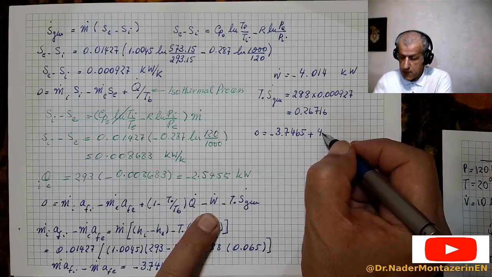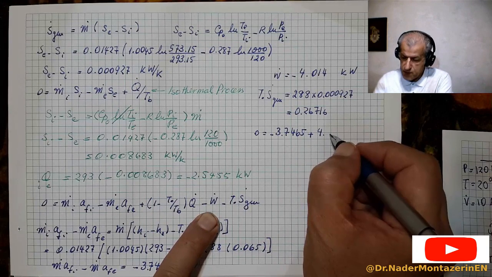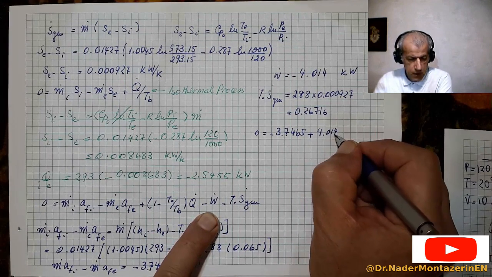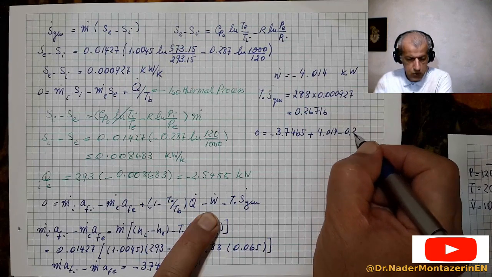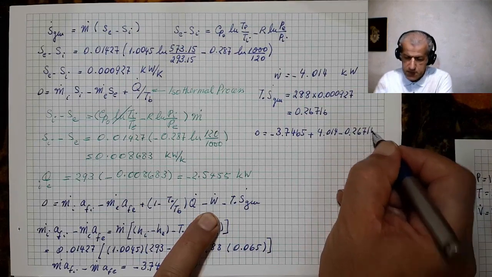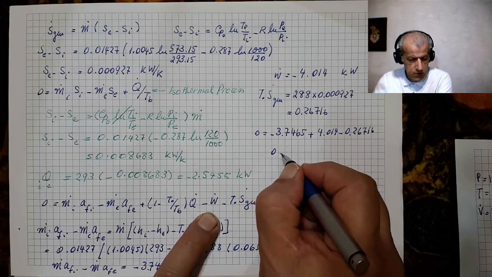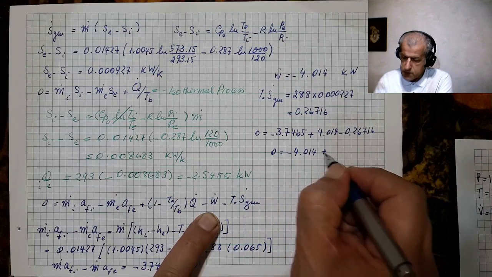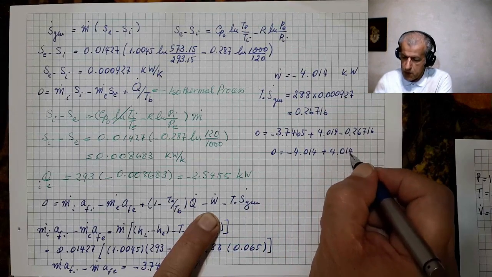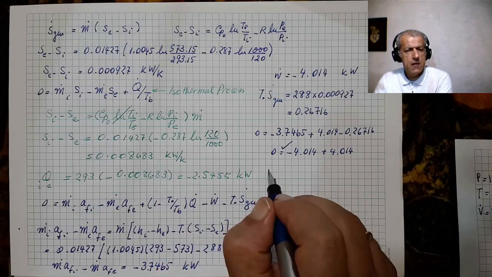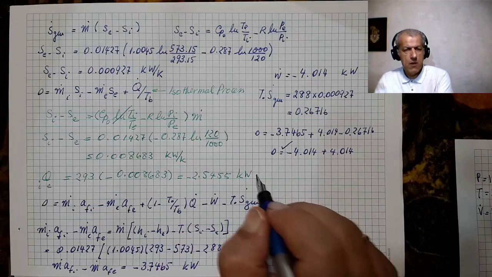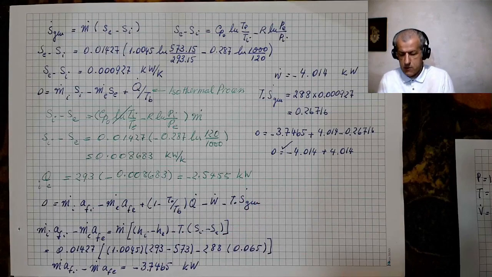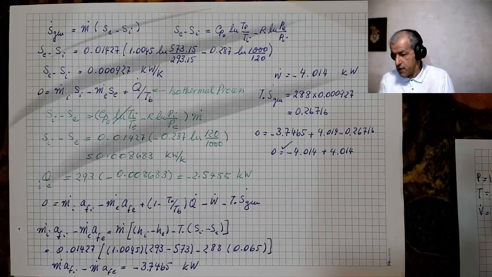Work was negative, multiplied by this negative would be positive 4.014, and minus 0.26716, and the outcome 0 equals minus 4.014 plus 4.014, and the equality checks. So that's how you could calculate the availability equation and check that all terms hold.